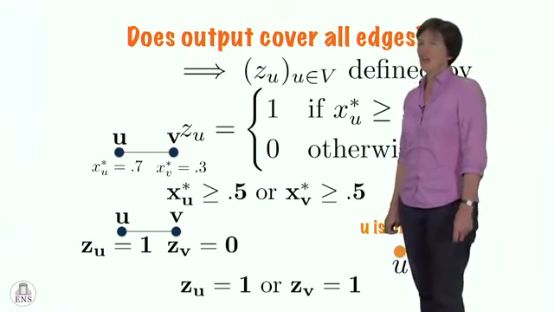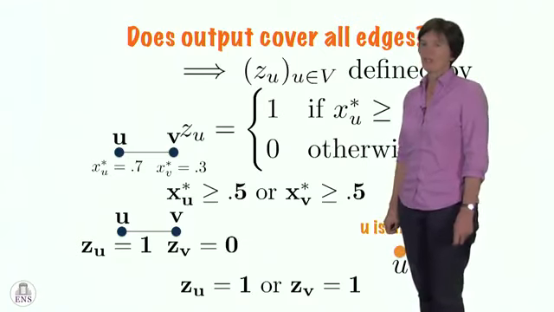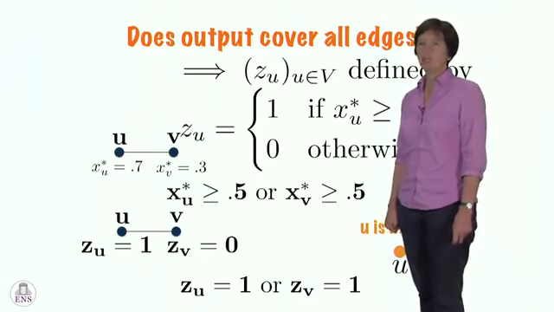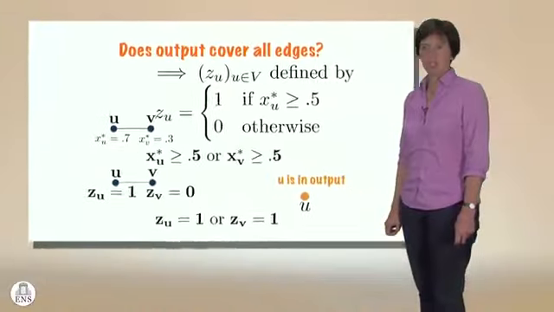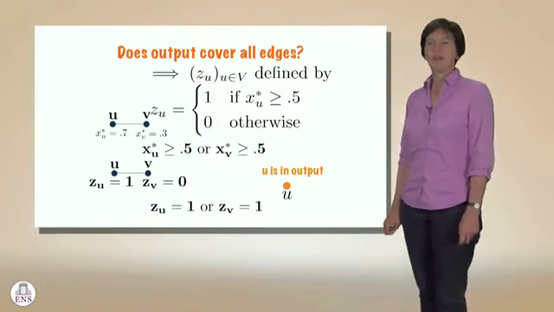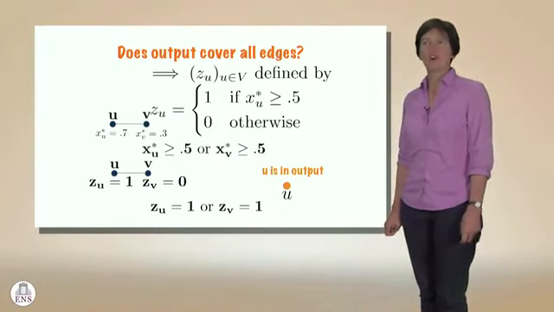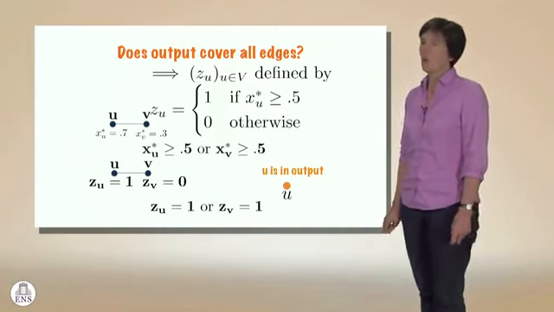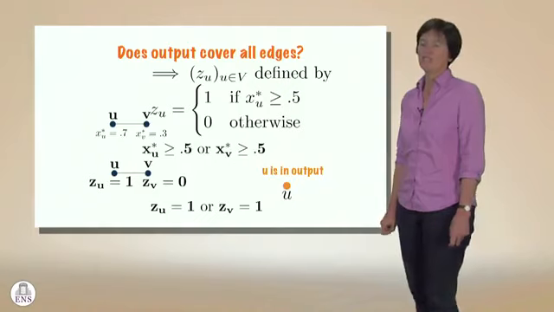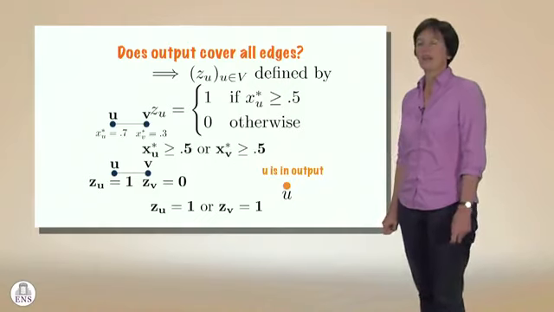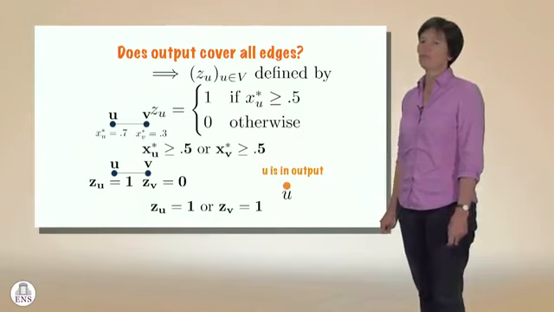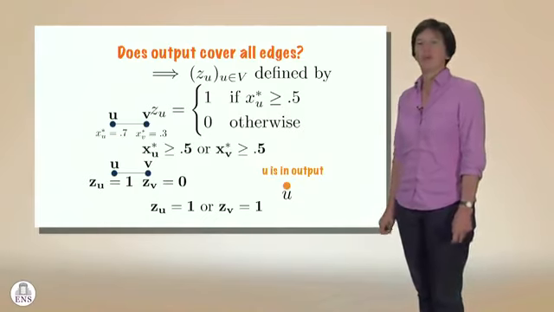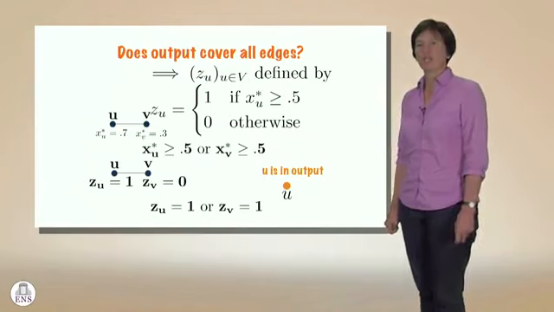This means that the output set of vertices will contain vertex u, and therefore that edge uv will be covered. This is general. Since at least one of the two variables xu star, xv star is at least 0.5, at least one of the two values zu, zv will be equal to 1, and so at least one of the two vertices u or v will be put in the cover, and so the output will cover edge uv.